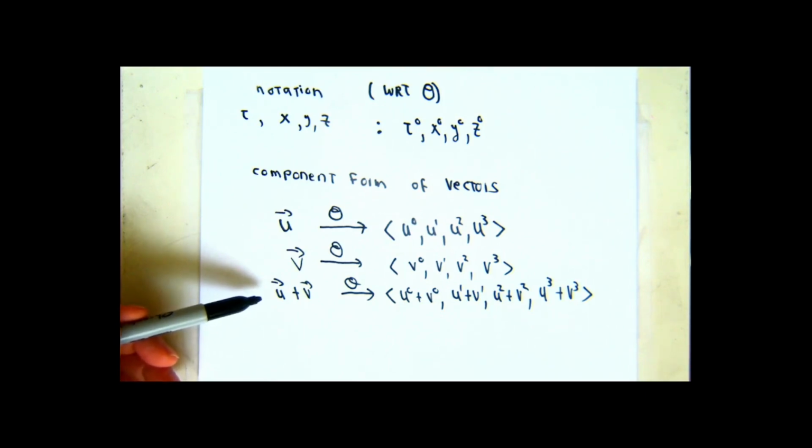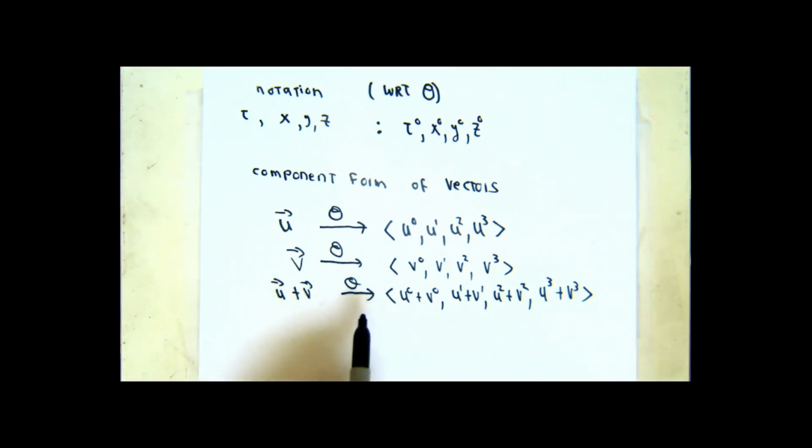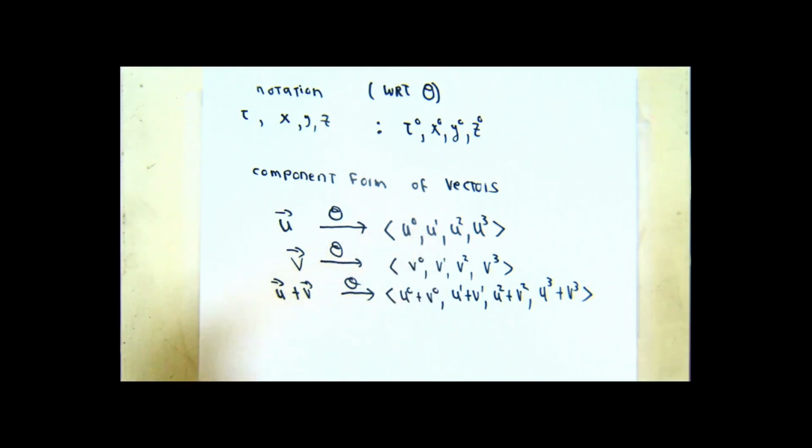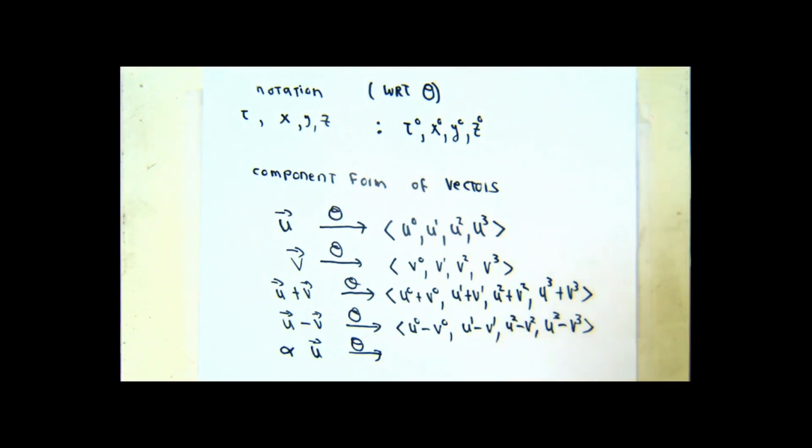The components of this u plus v could be measured in any inertial frame, but we're going to define things so that when I use the same inertial frame that the components of u and v are expressed in, we simply add corresponding components, just like we did in Calc 3. We do something similar for subtraction.